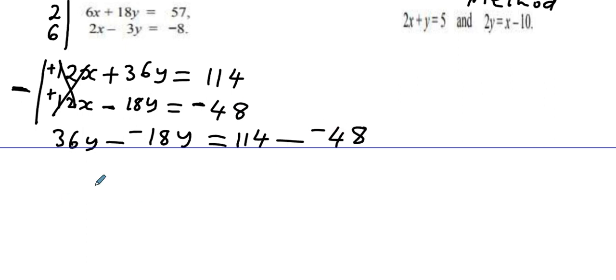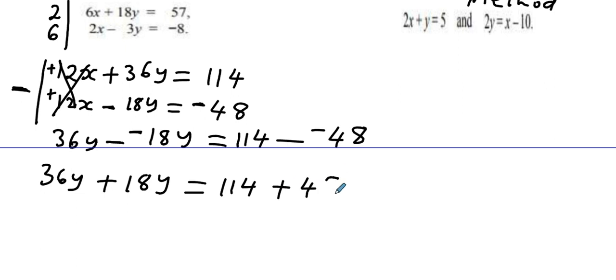See that arrangement? Negative times negative makes positive, so it will be 36y plus 18y, and 114 plus 48.